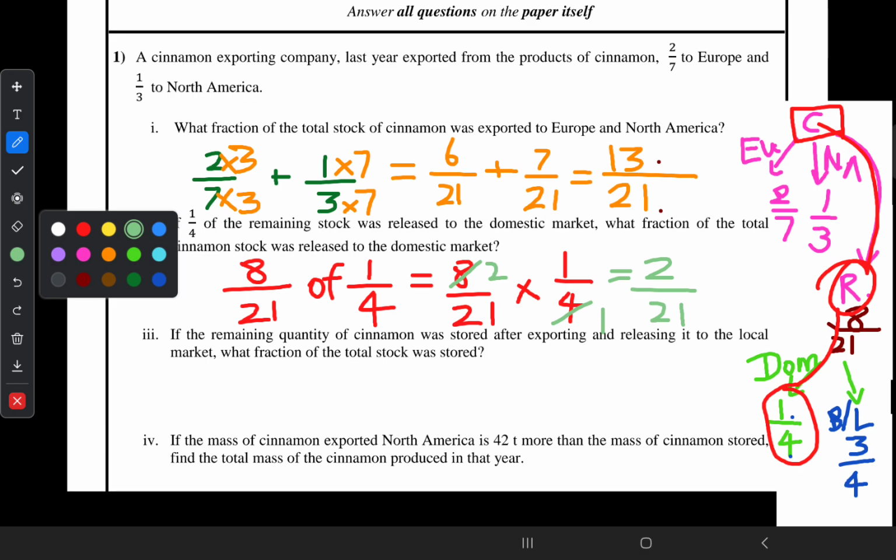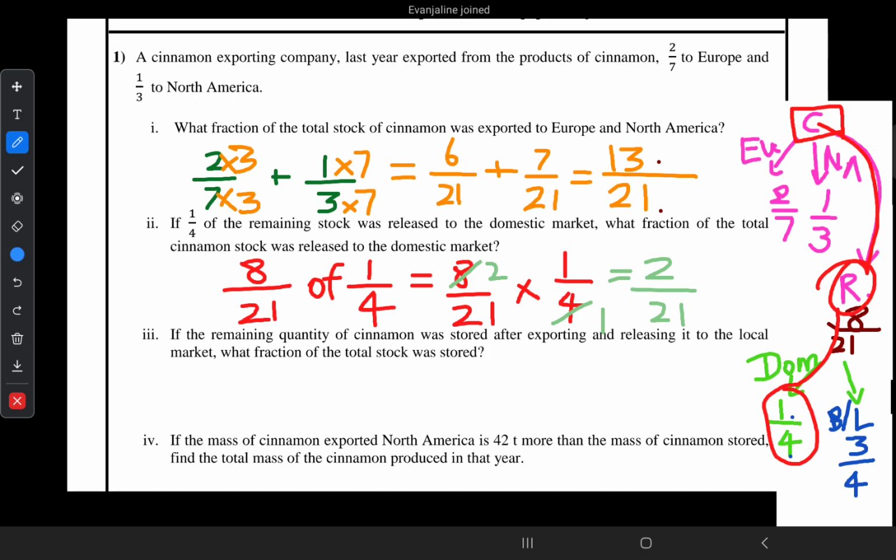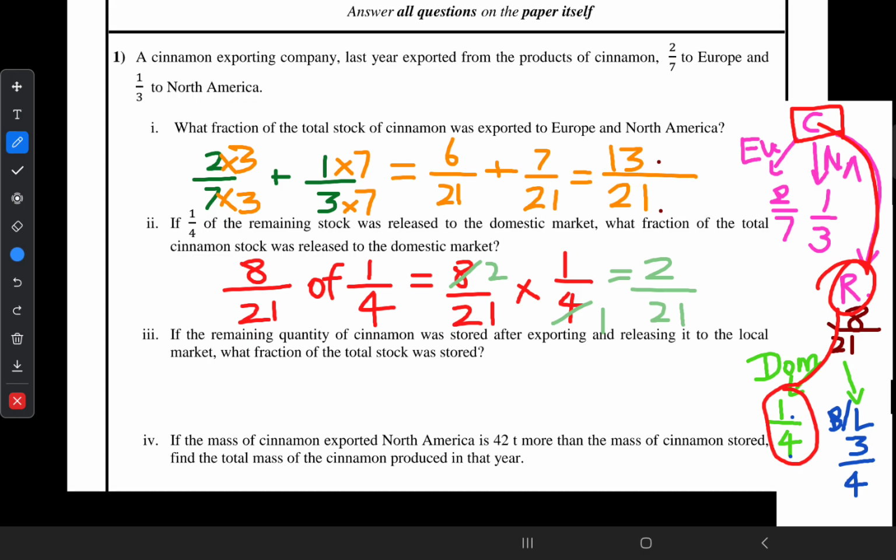Okay, then our next question: the remaining quantity of cinnamon was stored after exporting and releasing it to the local market. What fraction of the total stock was stored?